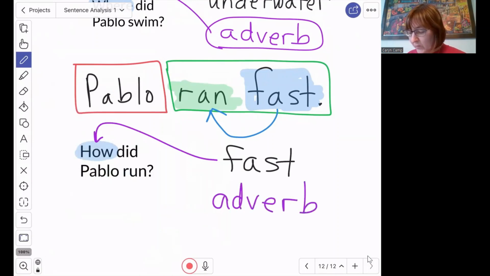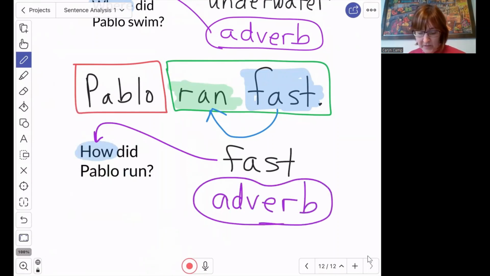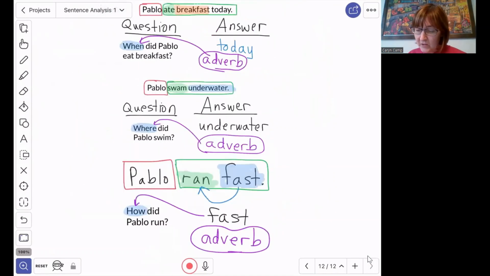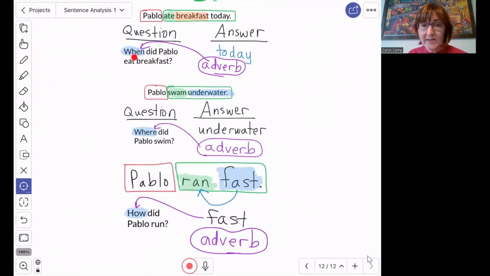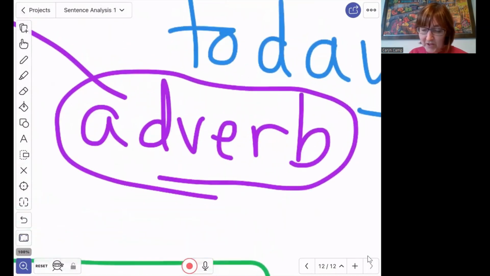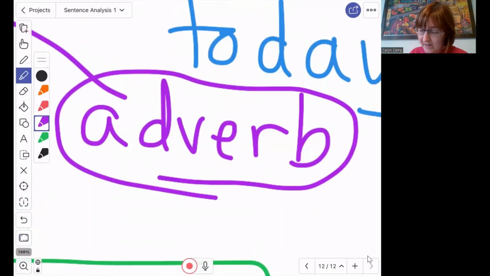When we have one word in a sentence, usually right before or right after the verb, that is answering the question when, where, or how, then it's an adverb. It's giving us more information about the verb. Notice in that word adverb, you can actually see the word verb right in it. That's a big hint. That's a clue.